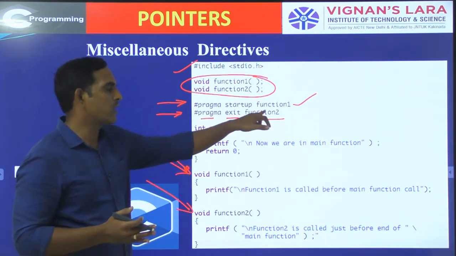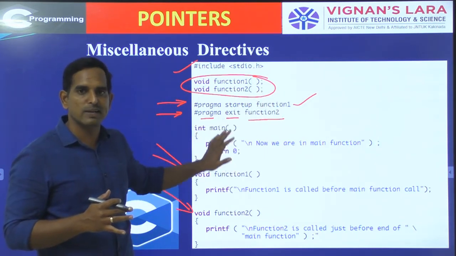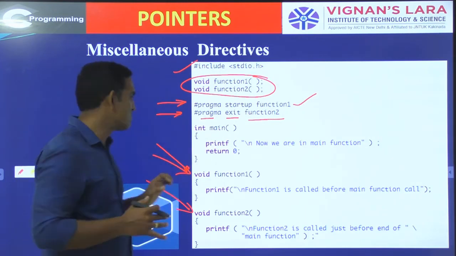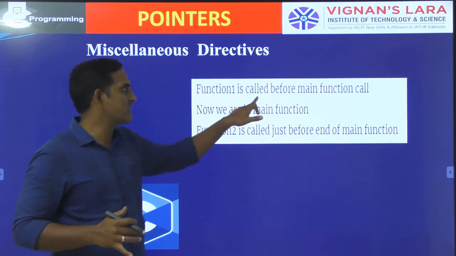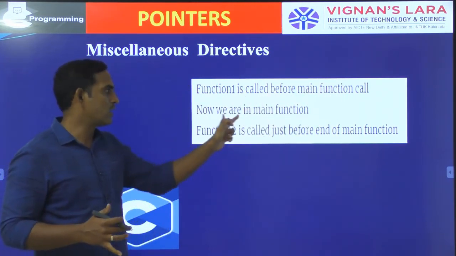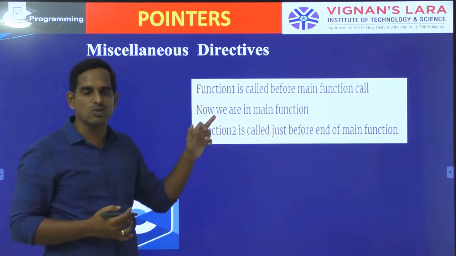So here you have specified function 1 should be executed before the execution of main and function 2 should be executed after the execution of main. In this manner we will get an output, that is, function 1 is called before the main function call, and now we are in the main function. Why? Because after this the main function will be executed.